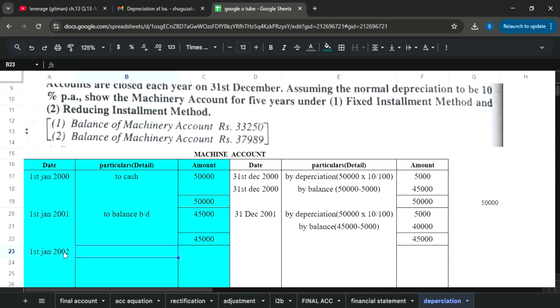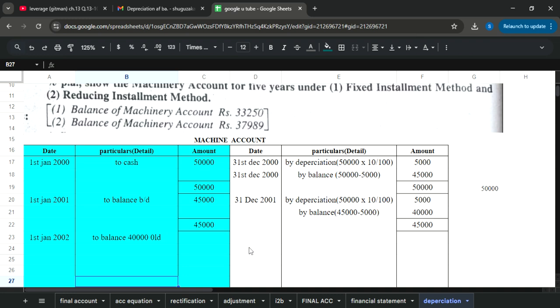First step, you will take this balance brought down, the old balance, to balance, and that was 40,000. This is your old balance. Note it down. I have mentioned it's old. This old you are not required to write. It is just for your understanding. You may write it or not.